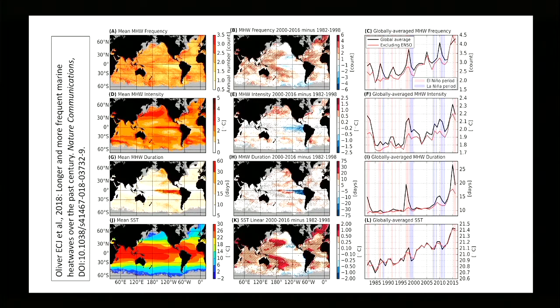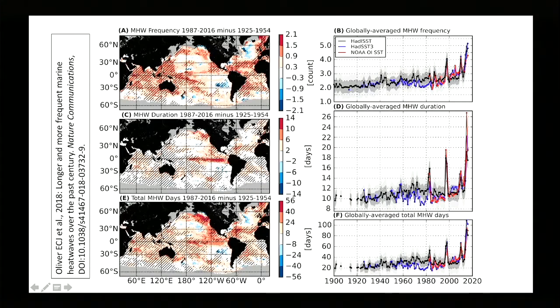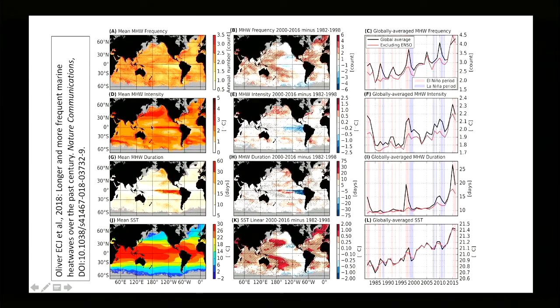One of the things that you can see here, firstly on this left column, if I can, maybe I'll point to it here, it's easier for me to see. If you look at the overall means, you can see that there are frequency characteristics. This is just mean marine heat wave frequency as an average, mean marine heat wave intensity, and then duration.